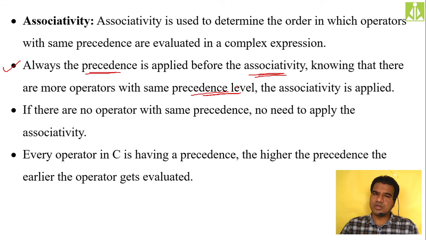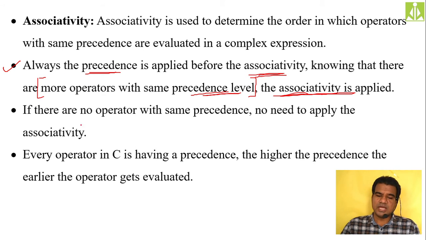If you have more than one operator with the same precedence level, the associativity is applied. If there are no more operators with the same precedence level, and all operators have different precedence levels, then don't go for associativity. Simply evaluate them according to their precedence levels.